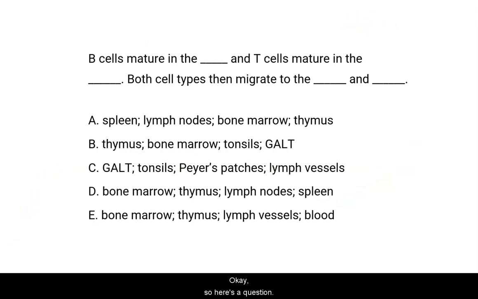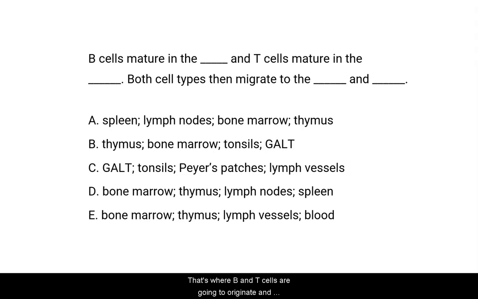Okay, so here's a question. B cells mature in the blank and T cells mature in the blank. Both cell types then migrate to the blank and blank. So, recall that B cells are so named because they mature in the bone marrow, and T cells are so named because they mature in the thymus. And then remember, the bone marrow and the thymus are going to be your primary lymphoid organs.